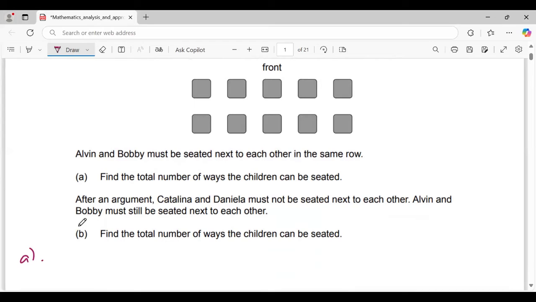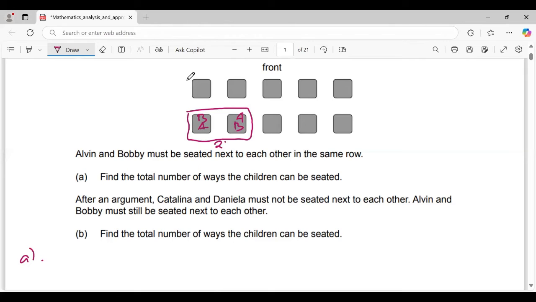So the total number we can find through this information that Alvin and Bobby must be seated next to each other. For example, if Alvin and Bobby sit here, there are two possibilities: A here, B here, or B here, A here.